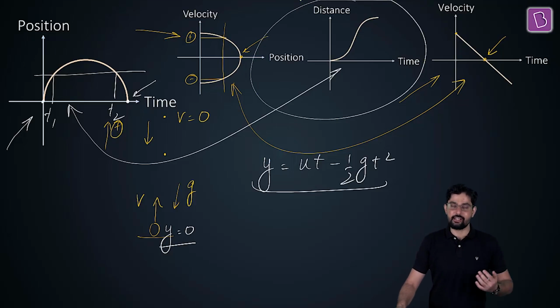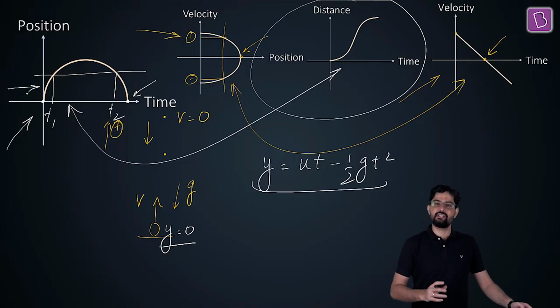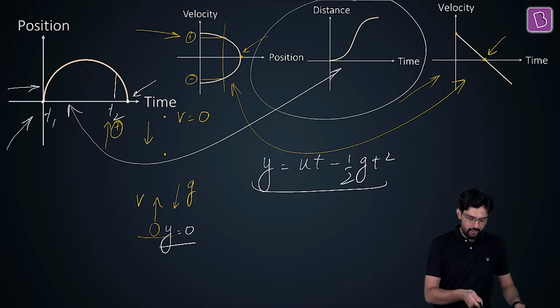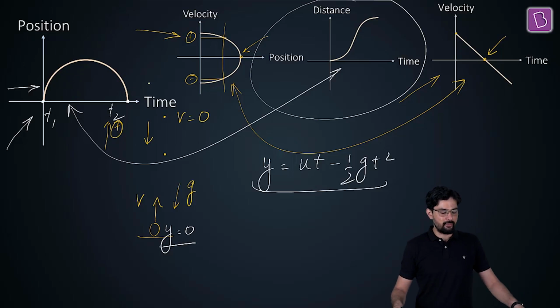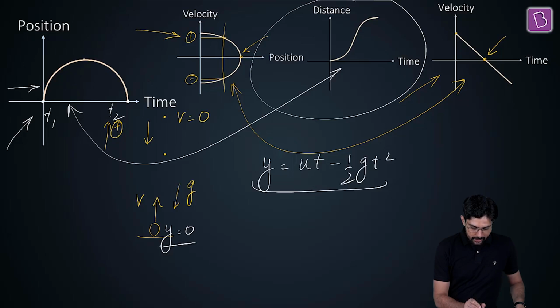But let's go further and try to analyze it. If you take this position time curve, then with the help of this, can you plot the distance time curve? Well, if you remember, we used to obtain the distance time curve from the position time curve by taking the reflection of this part with the horizontal.